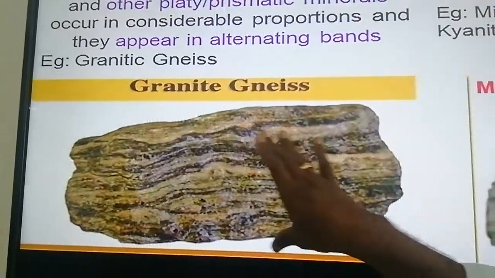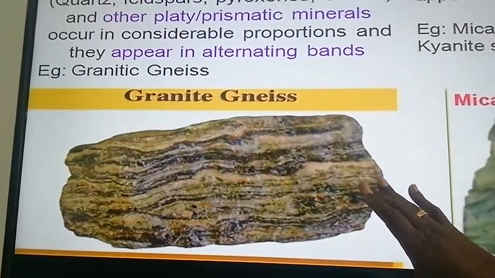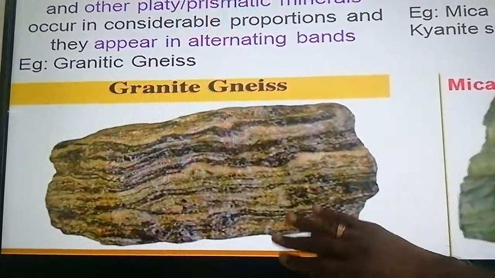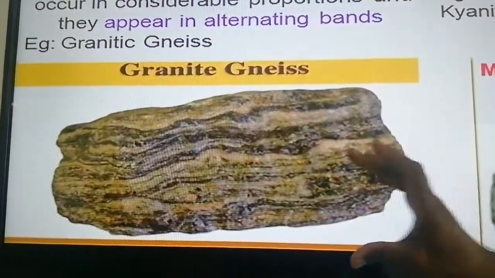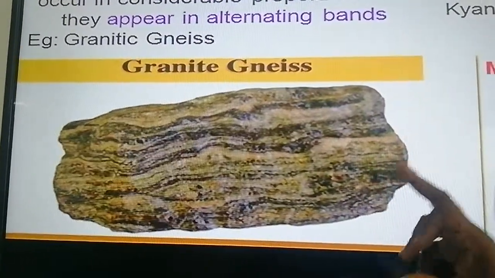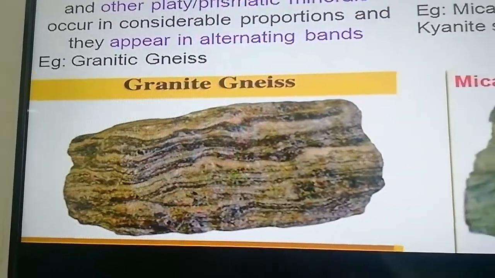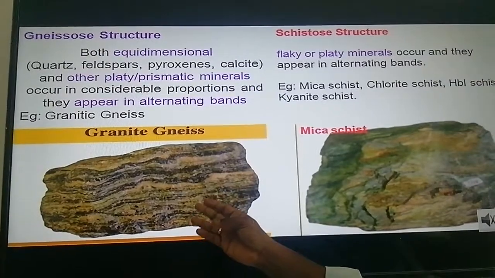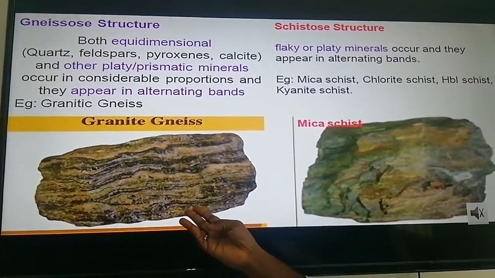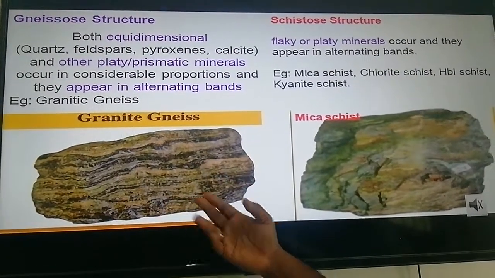That means the gneiss is always characterized with alternate bands. That is the characteristic feature for granitic gneiss to identify in the field. Usually quartz, feldspars, pyroxenes, calcites are seen in the granitic gneiss, or we can call it simply gneiss.